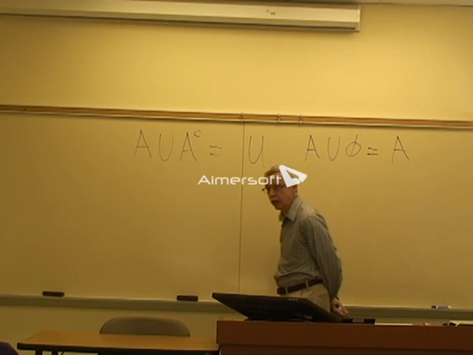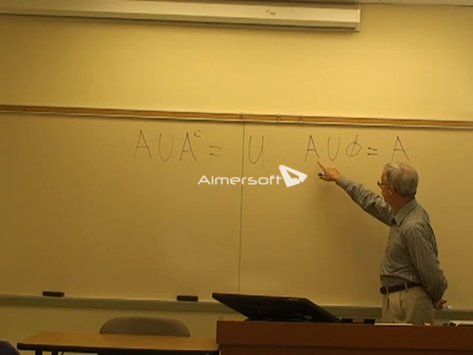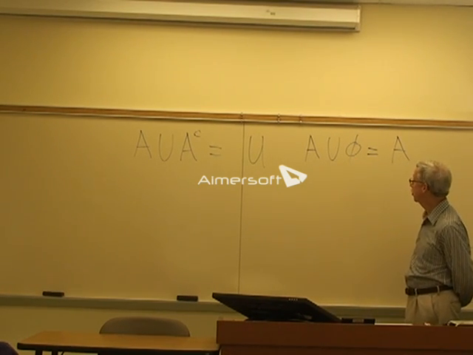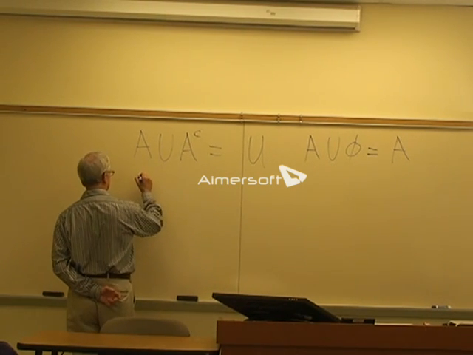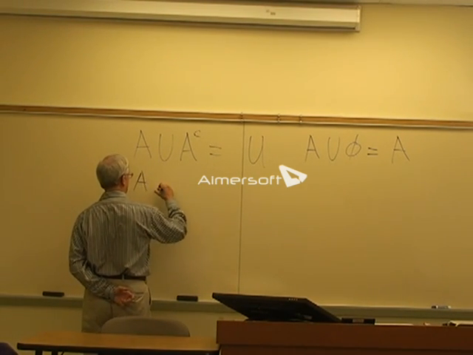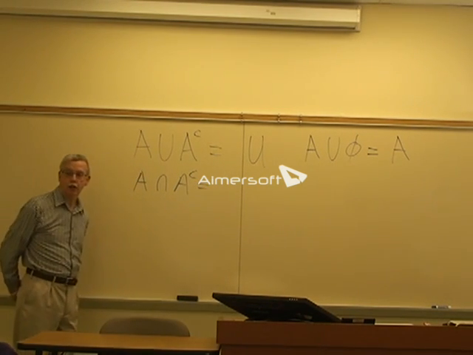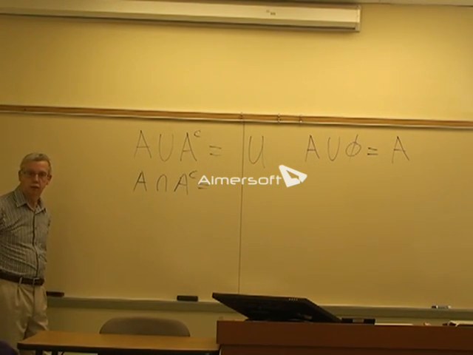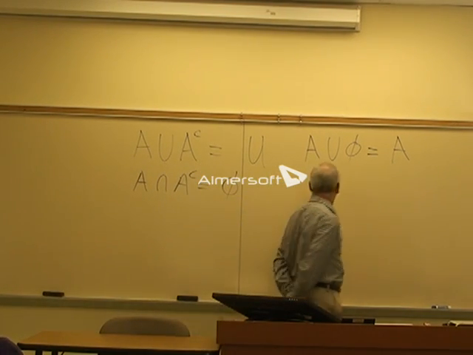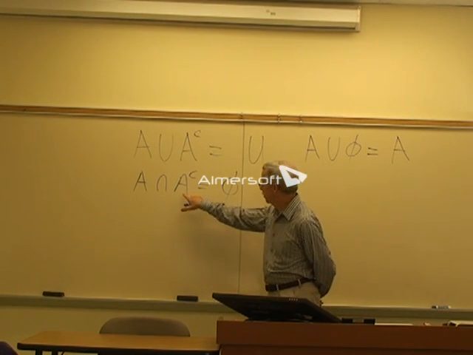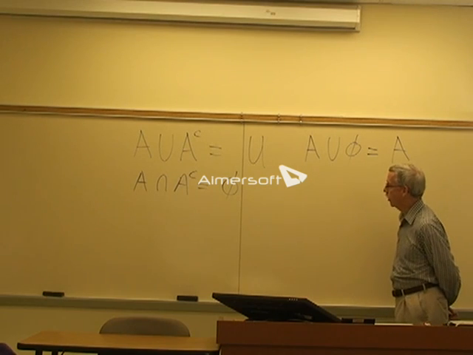Adding nothing is nothing. Remember, union is an or. It's going to be in the union if it's in here, or it's in here, but there's nothing in there. And then for intersection, if I intersect the set with its complement, also a null set, sure. Because there's nothing in the intersection by definition. Because the elements in here are precisely those elements that are not in the original set.